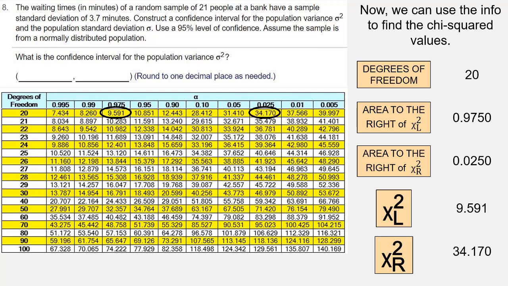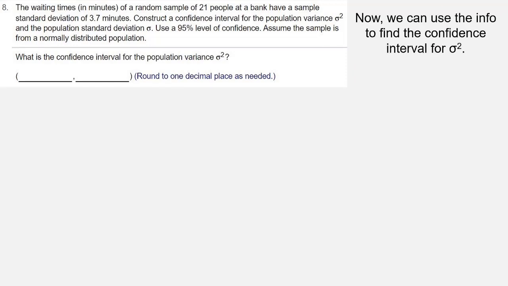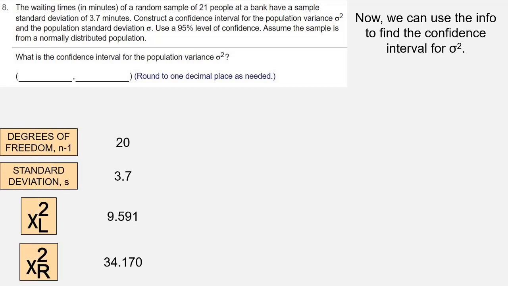Now that we've got these values, we can move on to the confidence interval. So the values we need for the confidence interval are the degrees of freedom, the standard deviation, and the chi-squared values. The formula for the confidence interval for the variance is: sigma squared is between (n-1)s squared over chi-squared R and (n-1)s squared over chi-square L. Notice the n-1 is your degrees of freedom, the s is your standard deviation, and then we have our two chi-square values.